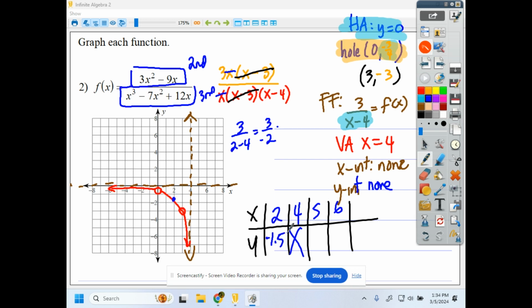And then for the 5, 3 over 5 minus 4, which is 3 over 1. So that's going to be (5, 3), 1, 2, 3, right on this purple point. And last one here is 3 over 6 minus 4, which is 3 over 2, 1.5 here. So 1.5 for 6 right here. So this gets closer to the asymptote, this gets closer to the asymptote, and disconnect them.